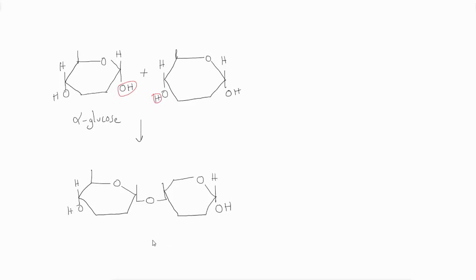In a condensation reaction, we get water released. So if two monosaccharides form one glycosidic bond, we will have one water released. And we need to apply the N-1 rule.